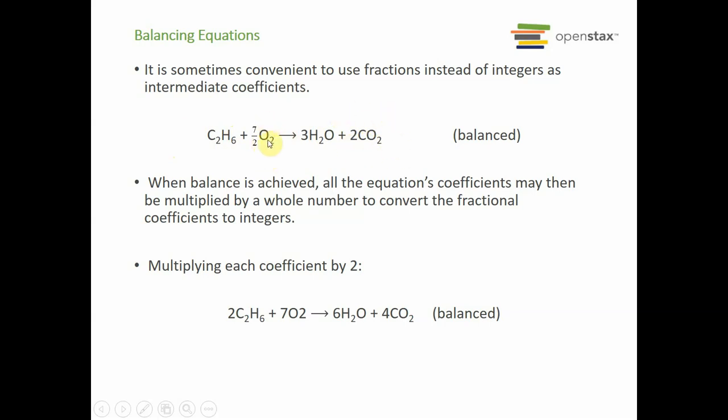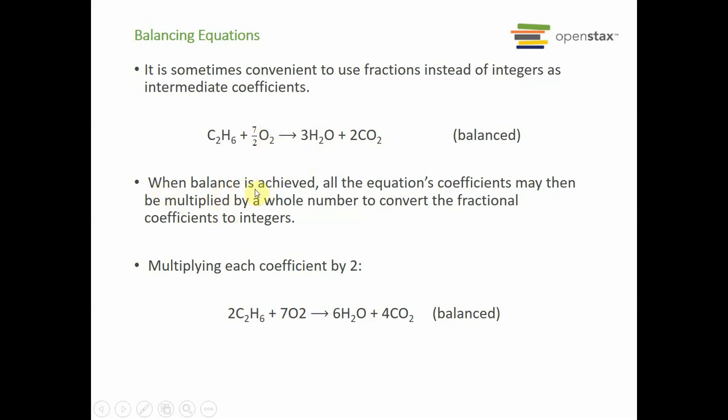Essentially, you looked at this and said I needed 7 oxygen atoms in order to make these products. But oxygen doesn't come as single atoms, it comes as diatomic, and so therefore the 7 oxygen atoms became 7 halves molecules of O2.